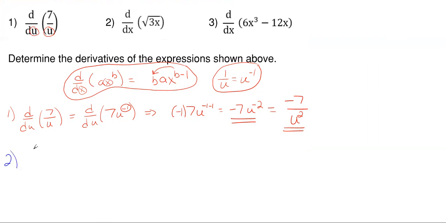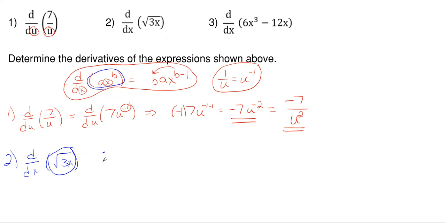Our second one is definitely not in the form of this power situation right off the start here, d dx of the square root of 3x. So let's go ahead and rewrite this, and we're going to have to write this a little bit more than just once, just to get this portion of the square root of 3x into something that is similar to this.